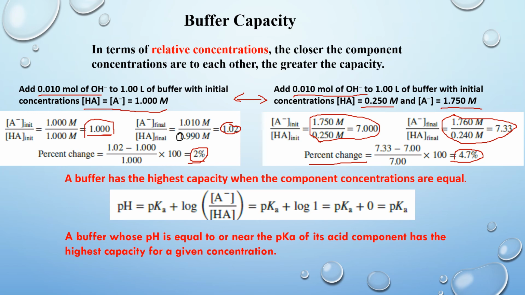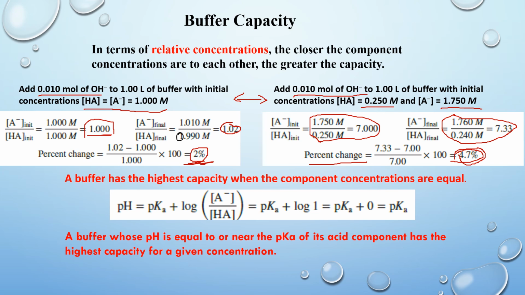Right, so let's look at these two systems again. If you have equal concentrations of the acid and base, by adding a little bit of strong base, the ratio only increases by 2%. But if you have different concentrations of acid and base at the beginning, with this high ratio, or this ratio that is far away from 1, by adding the same amount of base, the percent change of this acid-base ratio increased by 4.7%.